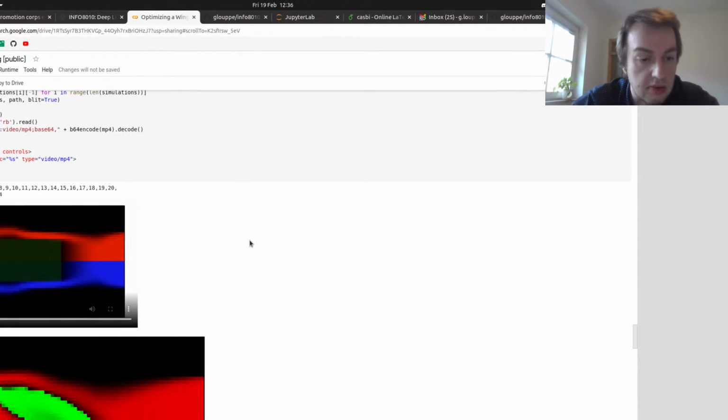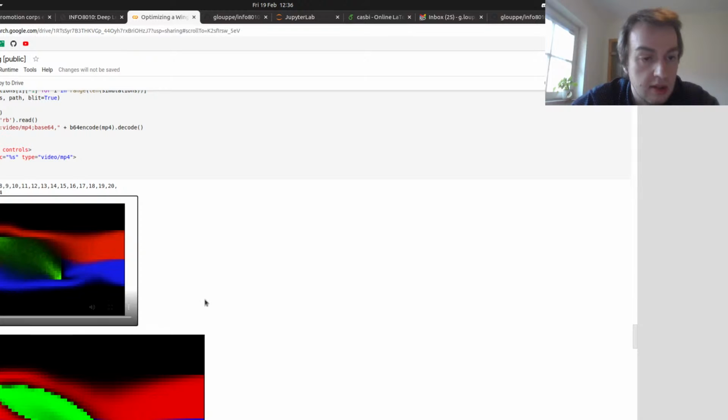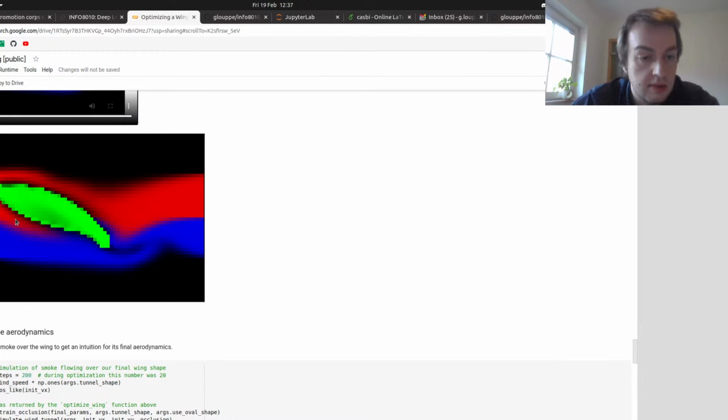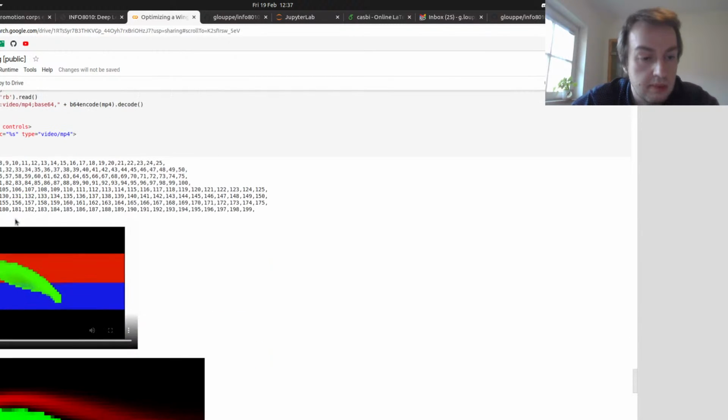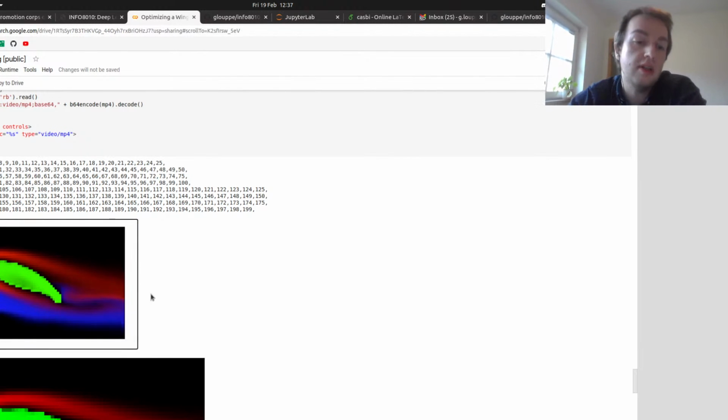And I think there are a few videos of the process. And at every step, what you would run is you would simulate the wind tunnel. So we would simulate the dynamics of the air around the object, right? And from this, then you would infer the lift and the drag ratio.